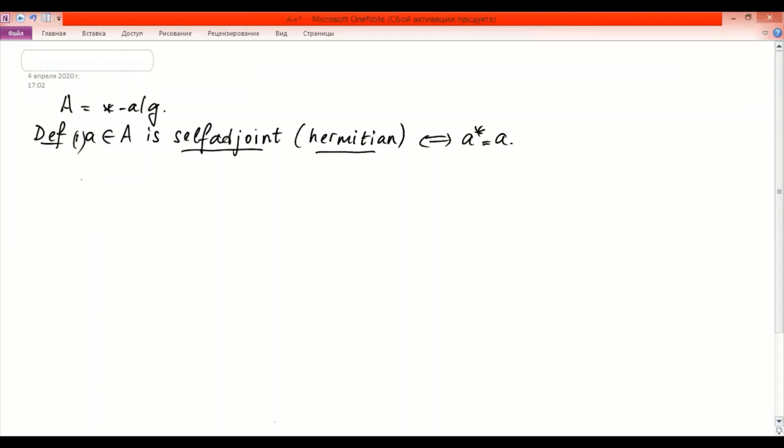Well, more generally, we say that an element a is normal if a and a star commute.